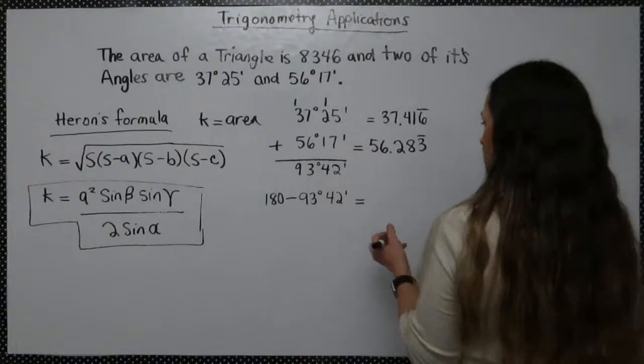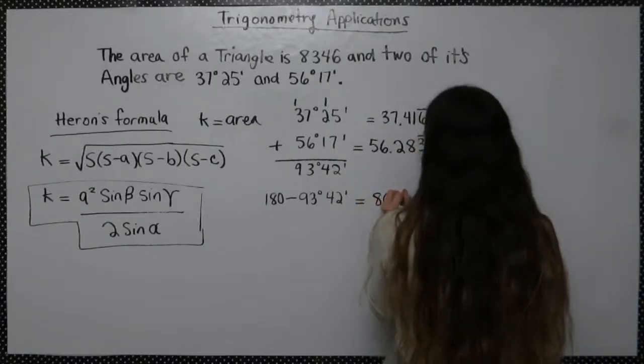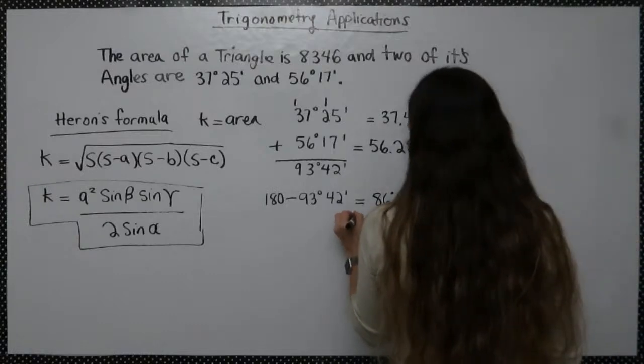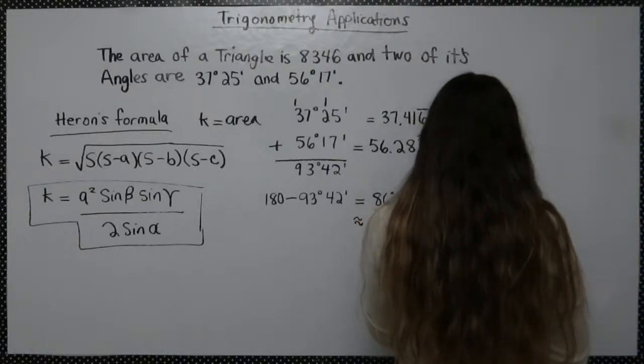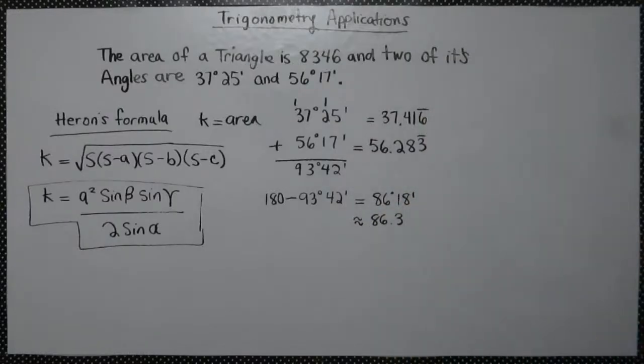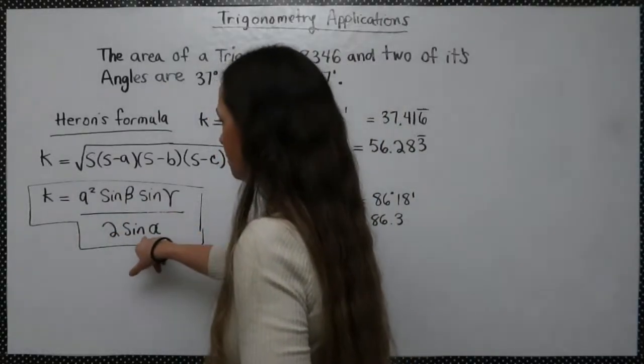I'm getting 86 degrees 18 minutes. And the decimal was 86.3. Okay, so we need that because the formula is involving all three, the sine of all three angles.